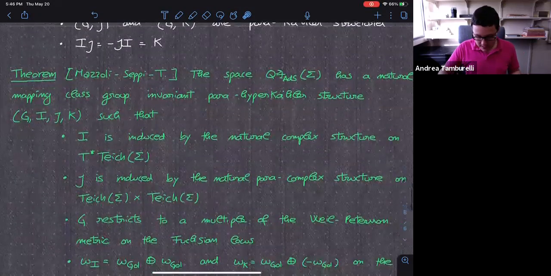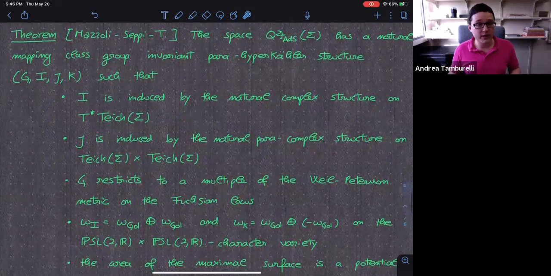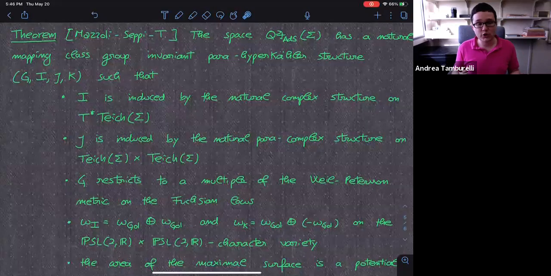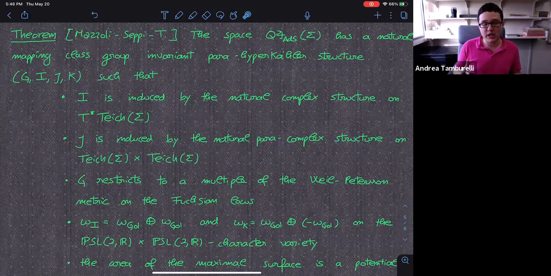Okay, so the result I recently proved together with Filippo Mazzoli and Andrea Seppi is that the space of quasi-Fuchsian anti-de Sitter 3-manifolds has a natural mapping class group invariant para-hyperkähler structure (g, I, J, K), and all these elements are very natural in the sense of anti-de Sitter geometry.